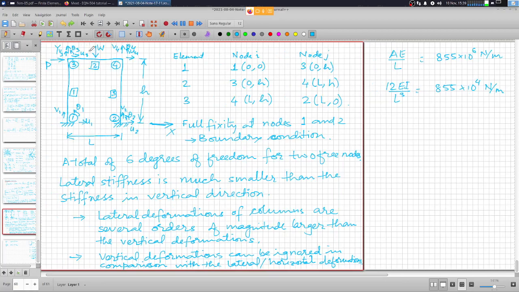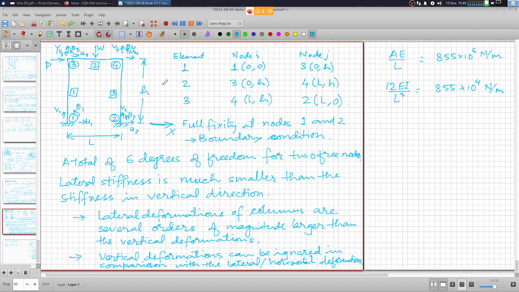If P and W are of similar orders of magnitude, then by virtue of the fact that the axial rigidity is much larger than the flexural rigidity, this frame would actually sway almost 100 times more than the vertical deformation. So in this situation, it makes engineering sense to ignore vertical deformation in comparison with the lateral deformations.